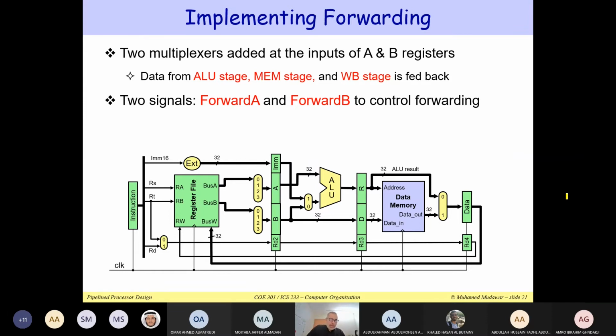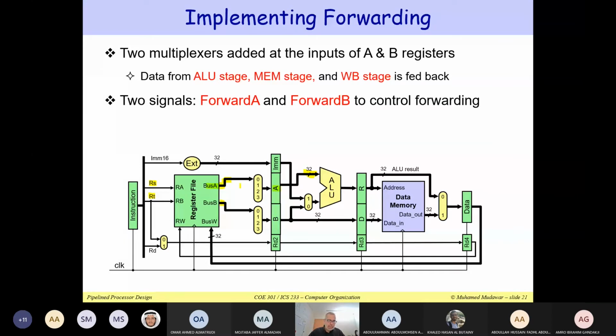Notice that the first input to the ALU is A. Typically we read it from bus A. When we read the value from the register file, it will be available on bus A. So this will be the value of register RS, and bus B will be the value of register RT. RS and RT are the fields that appear inside the instruction, and therefore their values will be available on bus A and bus B. It can be any two registers. It does not really matter.